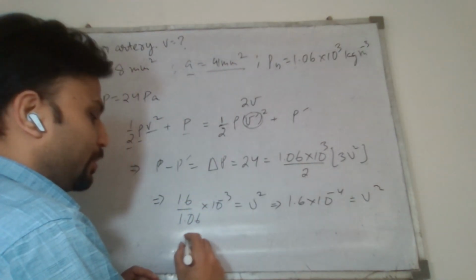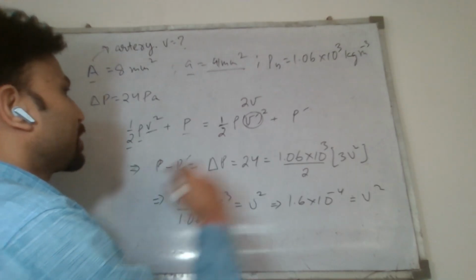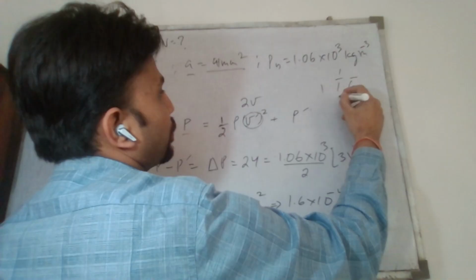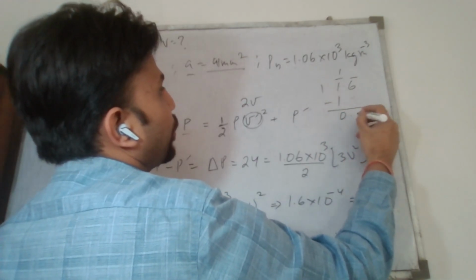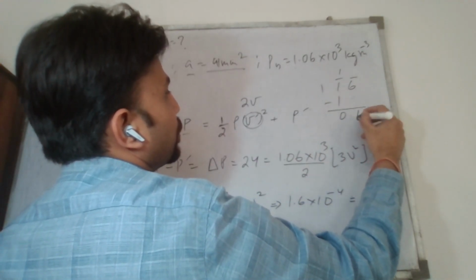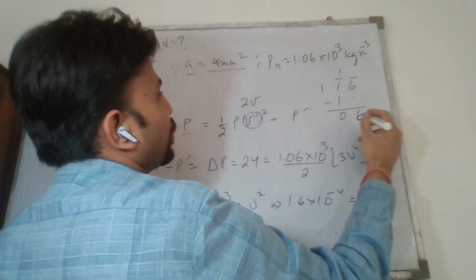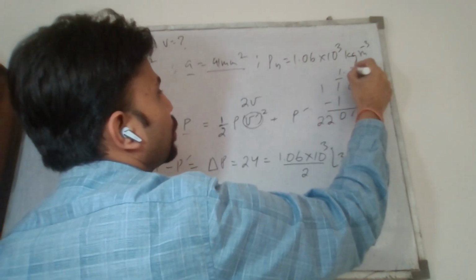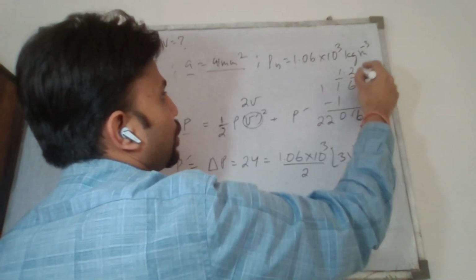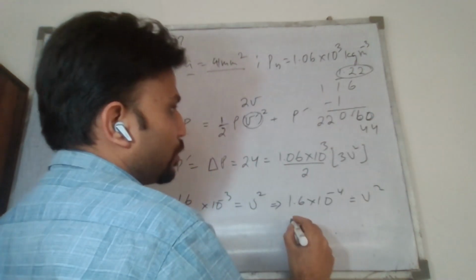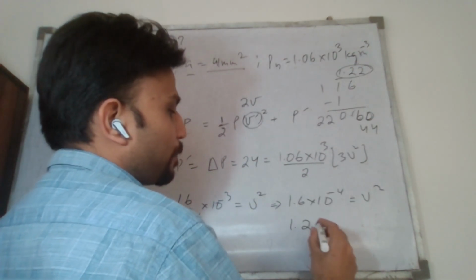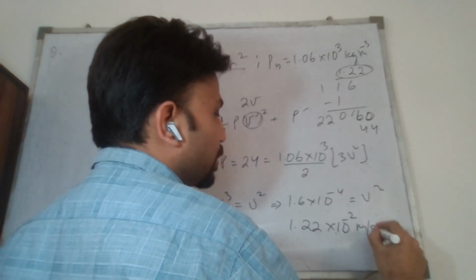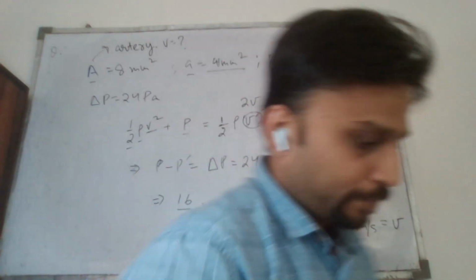So this would be some square root of 1.6 we have to do. 0.60. So this is 1 plus 1, 2, 2 times 2, 44. So this is some 1.22 into 10 to the power minus 2 meters per second would be the speed.